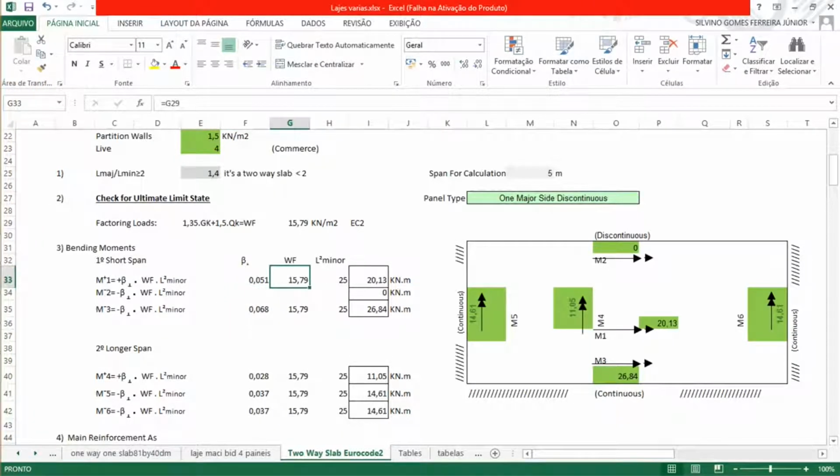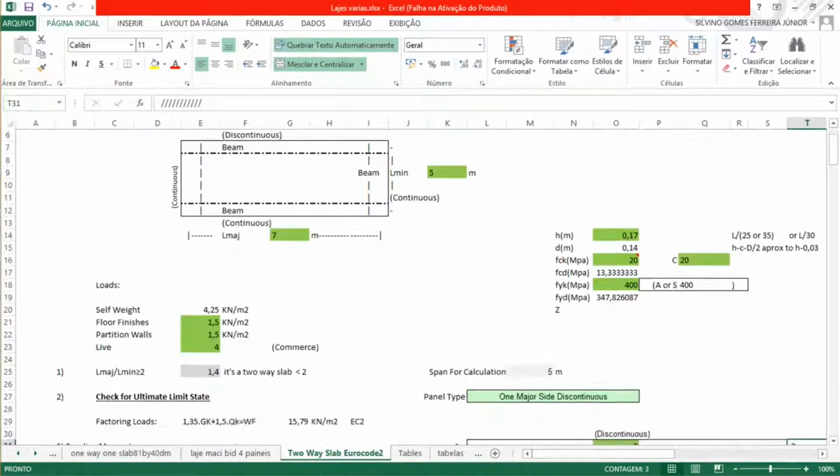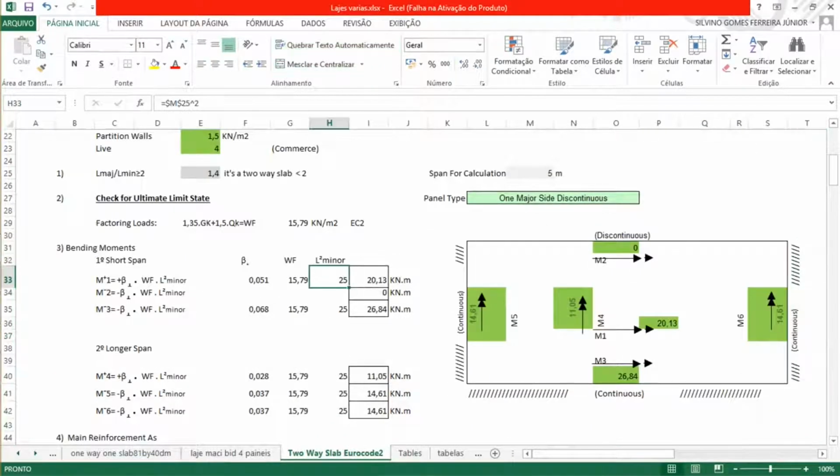The factored load we know, we calculated it, is 15.79. The minor span, the shortest side, is 5 meters. So 5 elevated to 2. This gives at this moment 20.13 kilonewton meters per meter. We place it there in the middle span, M1.